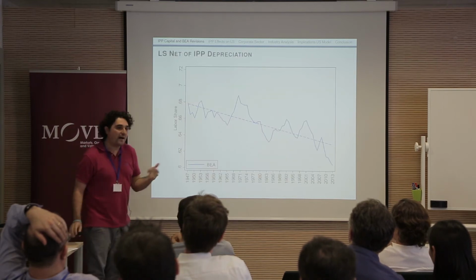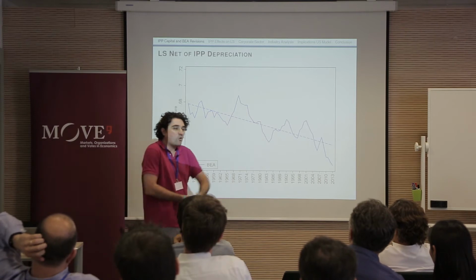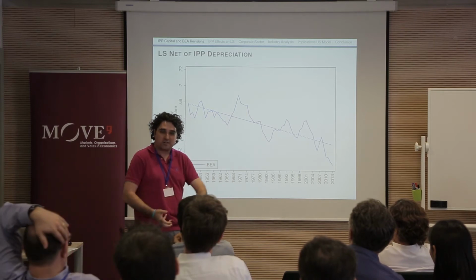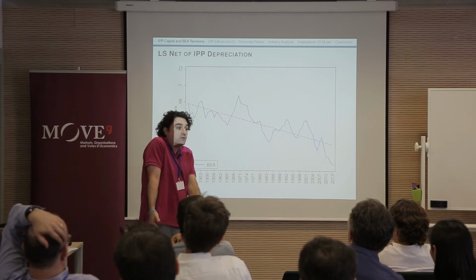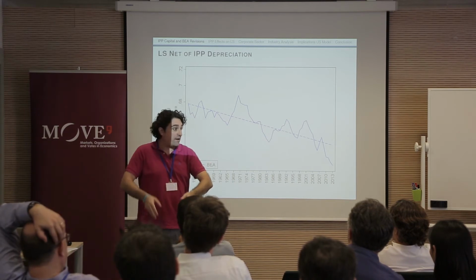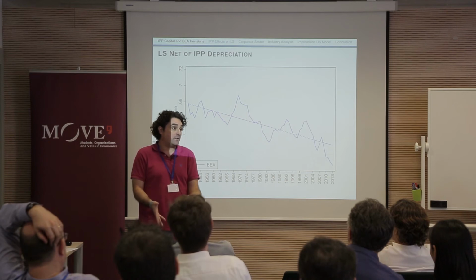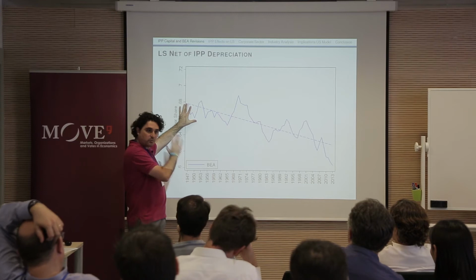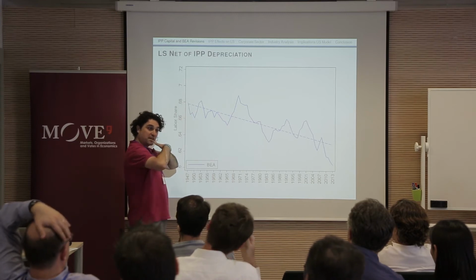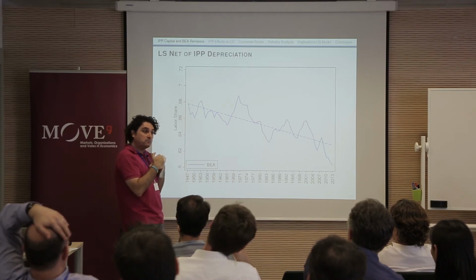So I told you I don't have an IPP account. So I cannot go and disentangle the part of labor share that is attributed to IPP directly from the data. But I have the depreciation. The fixed asset tables have investment, and I have depreciation by type of capital. So I can go to the blue line, which is always the same across all these graphs, which is labor share right now, and I can remove depreciation attributed only to IPP.